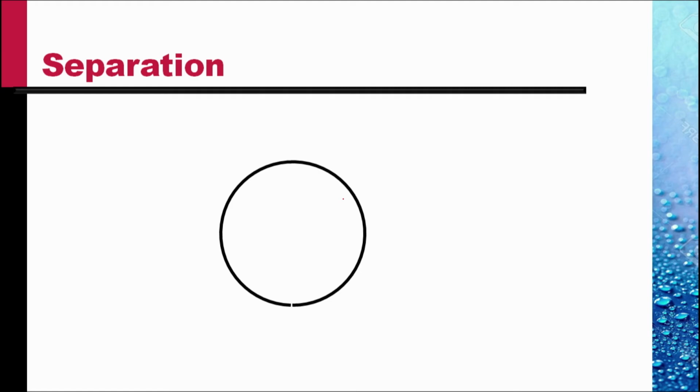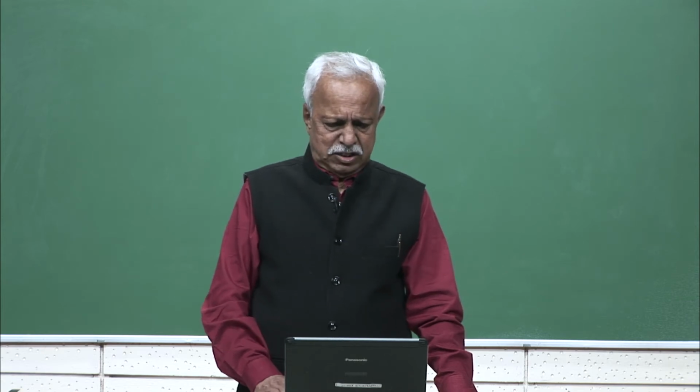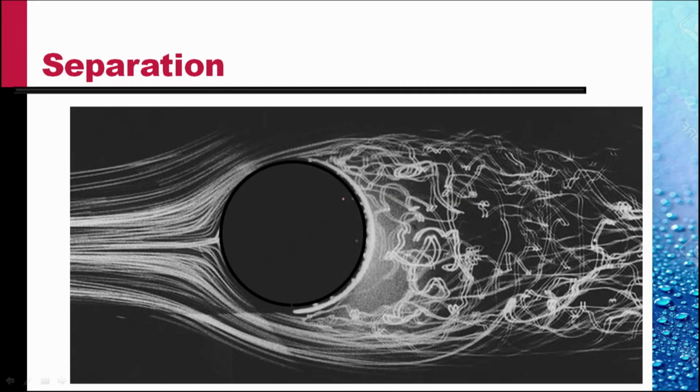If we have a cylinder and a flow past this, there is separation here, because if the flow was inviscid, the pressure would have been increasing after that. And so the separation takes place a little before the shoulder points.